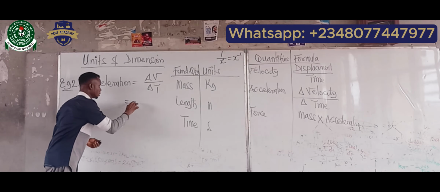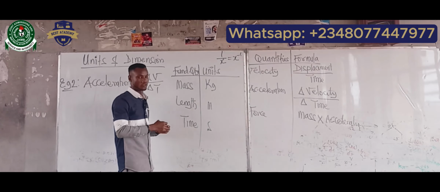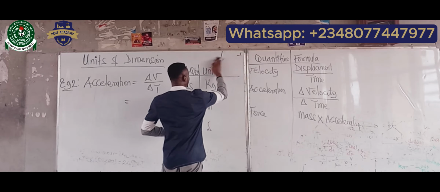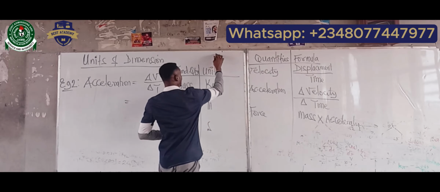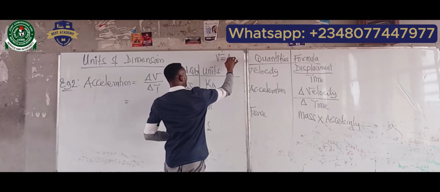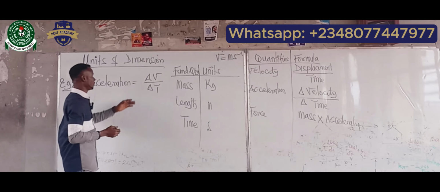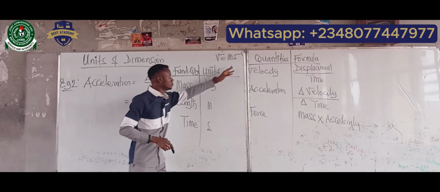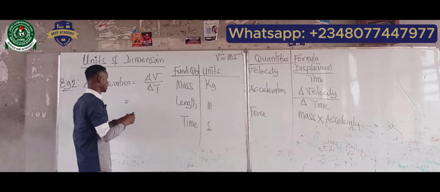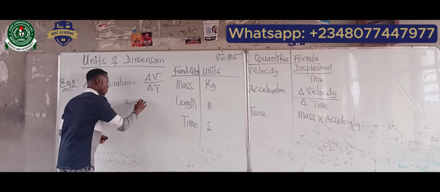And of course, we have known the unit of velocity here. We say that velocity, V, is said to be meter per second. So anywhere I see velocity, I'm going to write meter per second. So let's replace this. This is equal to meter per second.